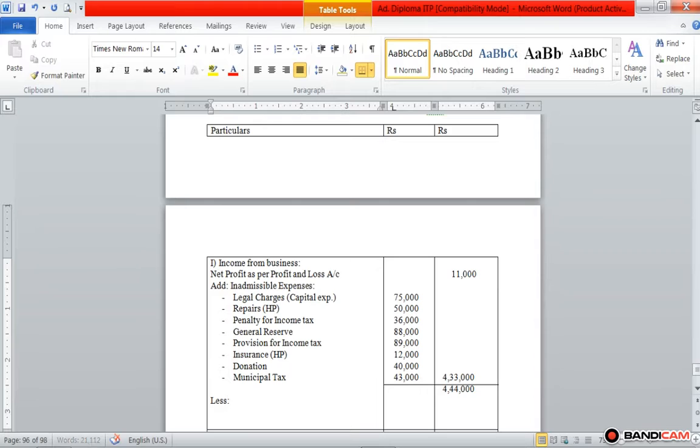Then we deduct income chargeable under other heads. We have already found out this income.